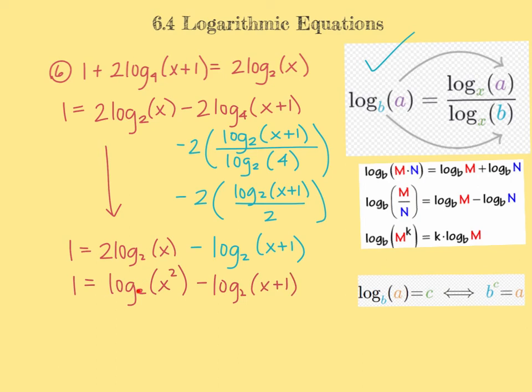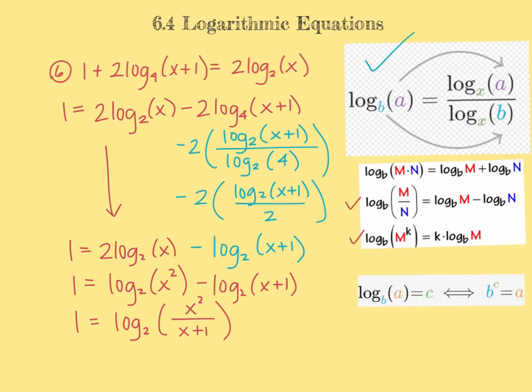So we have a log base 2 minus another log base 2. That is the expanded version of our quotient property, so we can condense it and write it as a single log base 2 with them as quotients. So we'll have 1 equals log base 2 of x squared over x plus 1. So we've used this property and this property here.